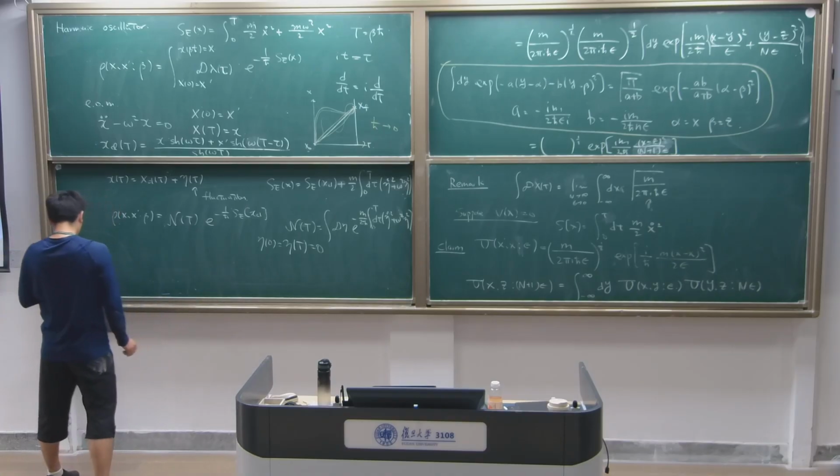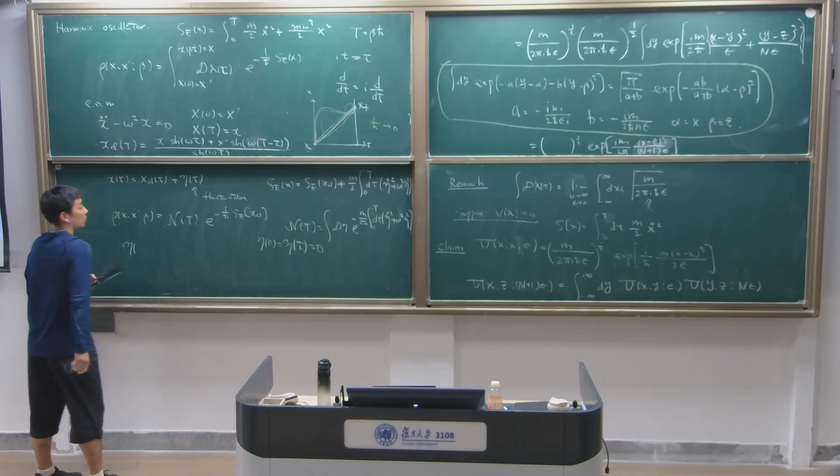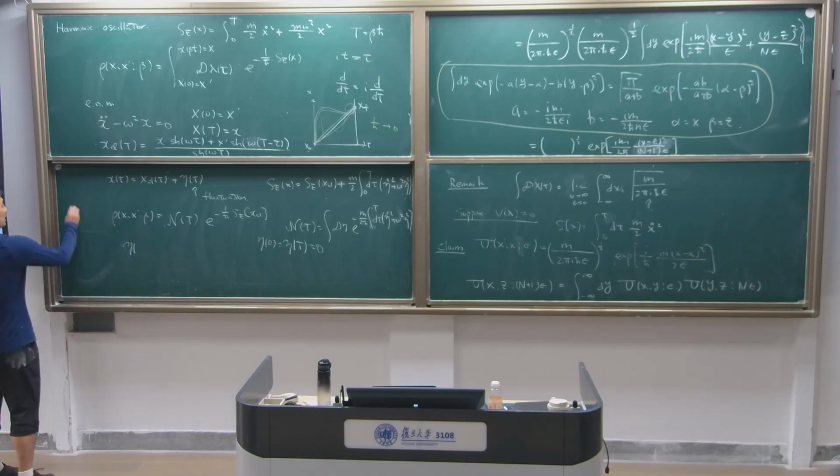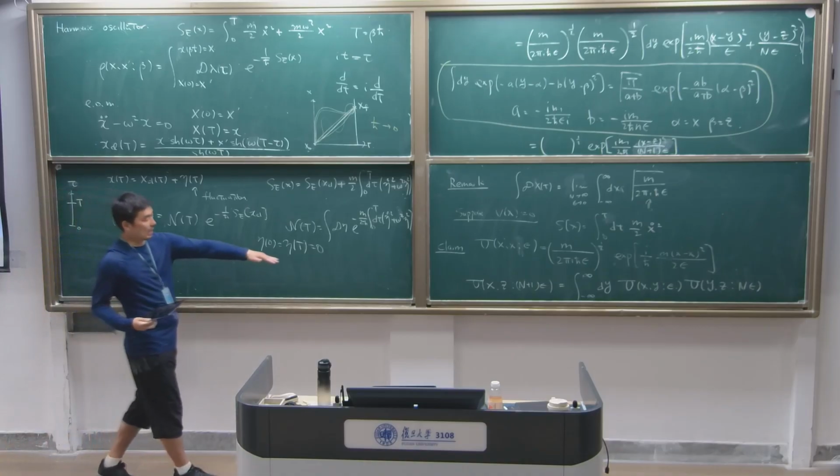To derive this, what we need to do is the following. We do the Fourier decomposition in time. Here the time is the imaginary time tau from 0 to capital T, and we have this boundary condition.